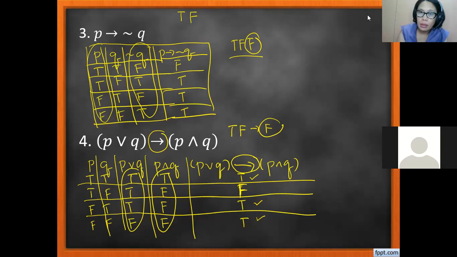Now, going back to the chat, why isn't the third one false as well? It's a true statement because the premise is false. Regardless if the conclusion is true or false, it will be considered as a true statement. Okay, so clear na, Carmel.